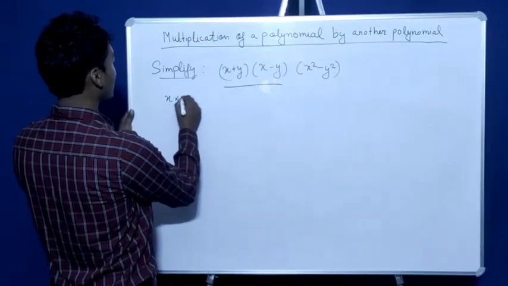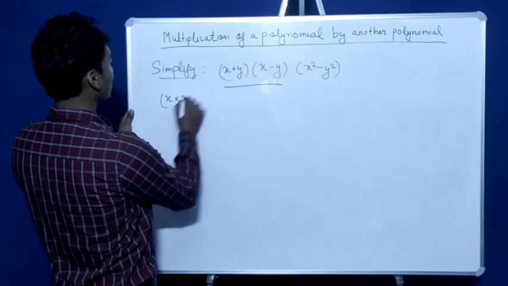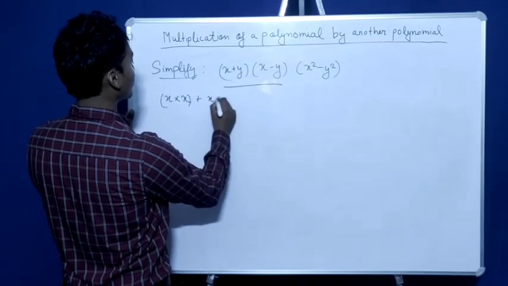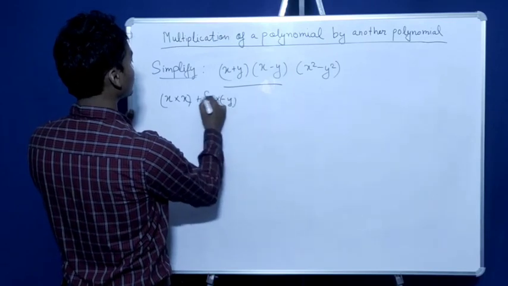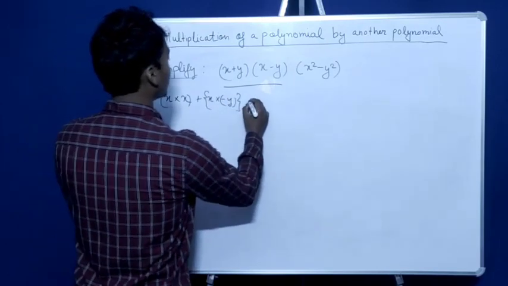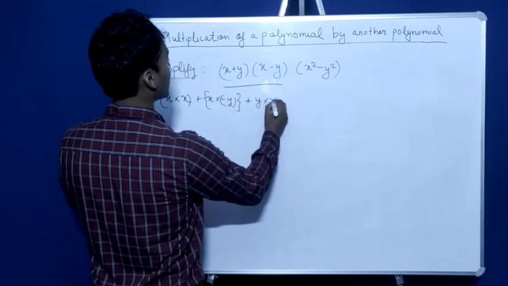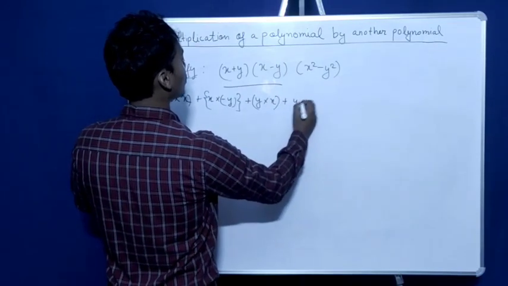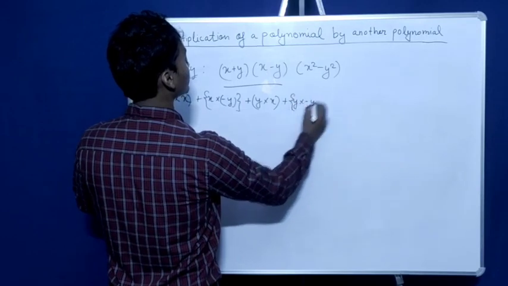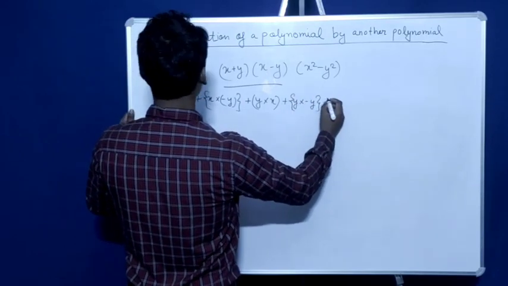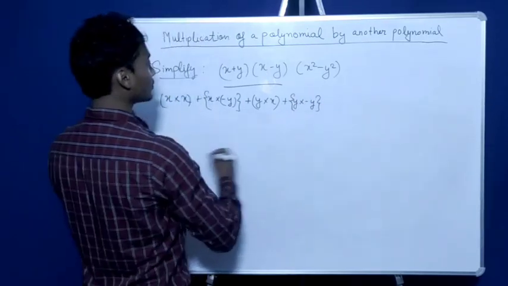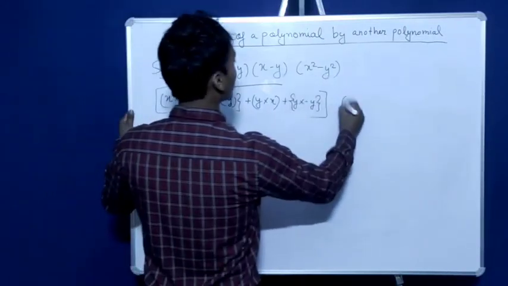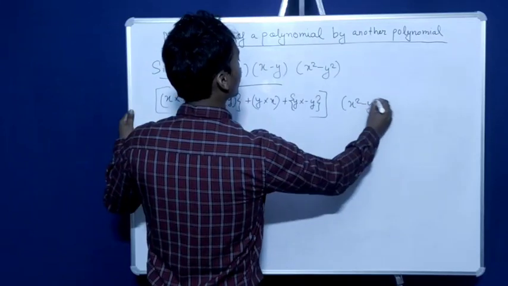So x times x, then plus x times negative y, then plus y times x, plus y times negative y. Then this whole can be multiplied by x square minus y square.